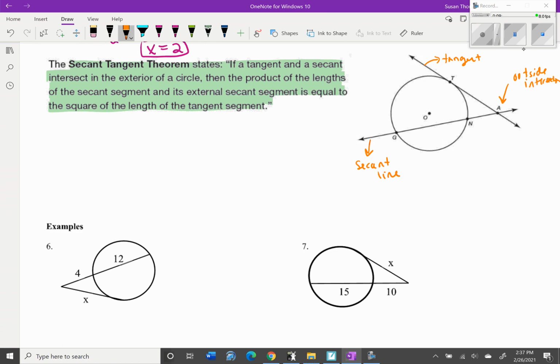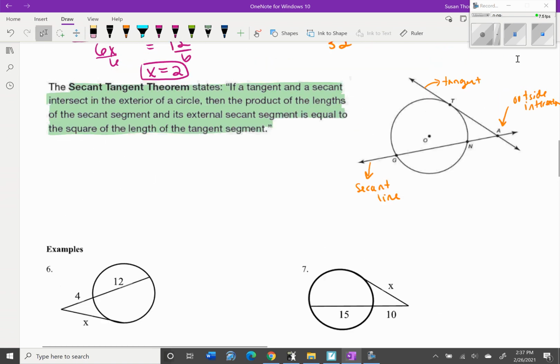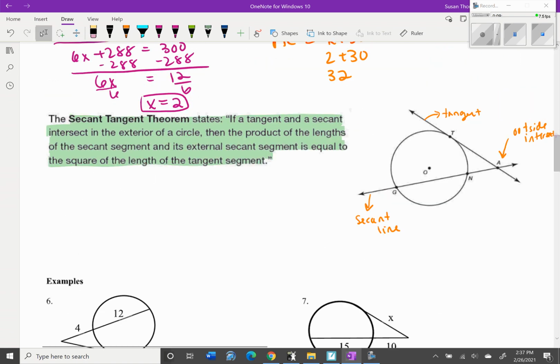So the outside intersection. Then it says the product of the lengths of the secant segments and its external segments are equal to the square of the length of the tangent segment.